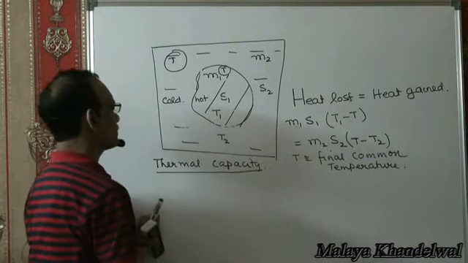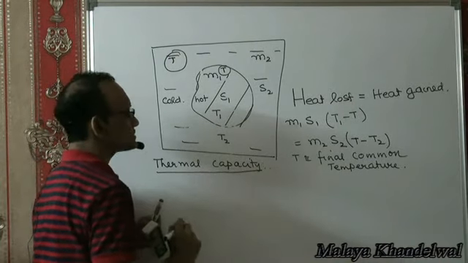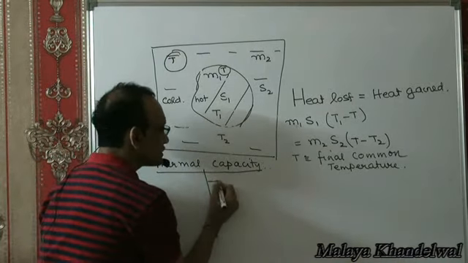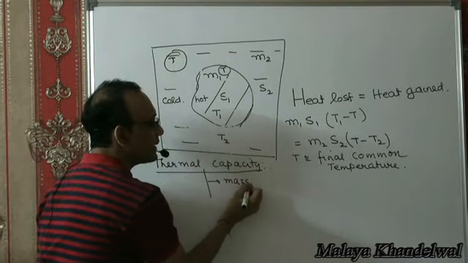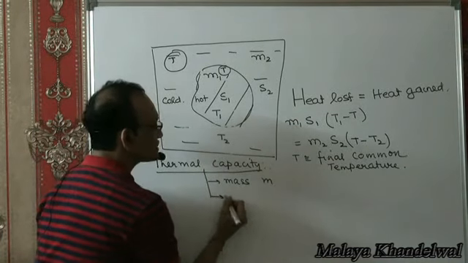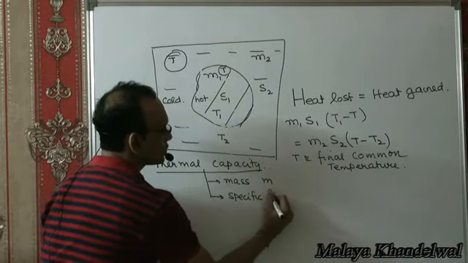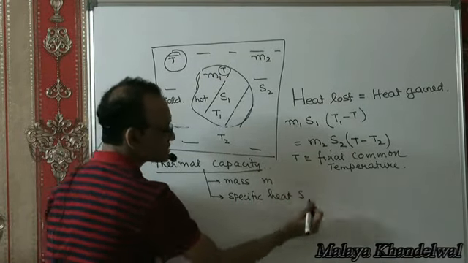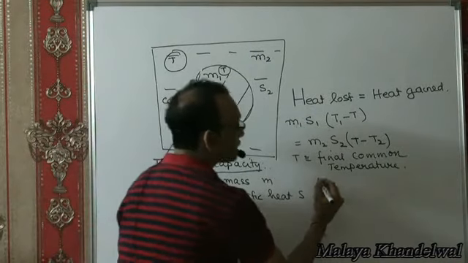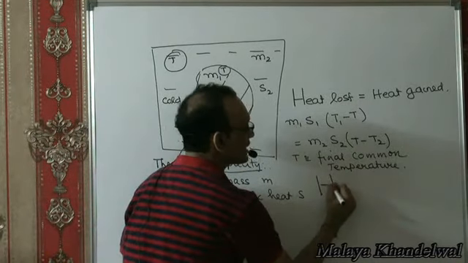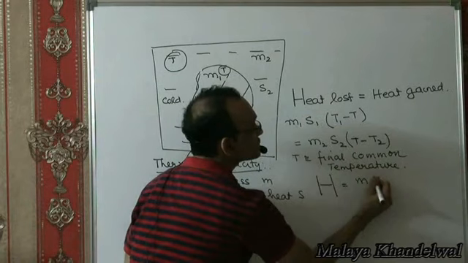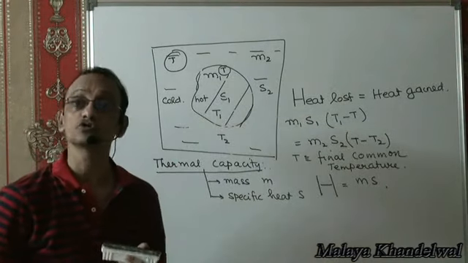Thermal capacity of a substance will depend on two things: the mass of the substance, M, and the specific heat S of the substance. Thermal capacity H is defined as mass into specific heat.